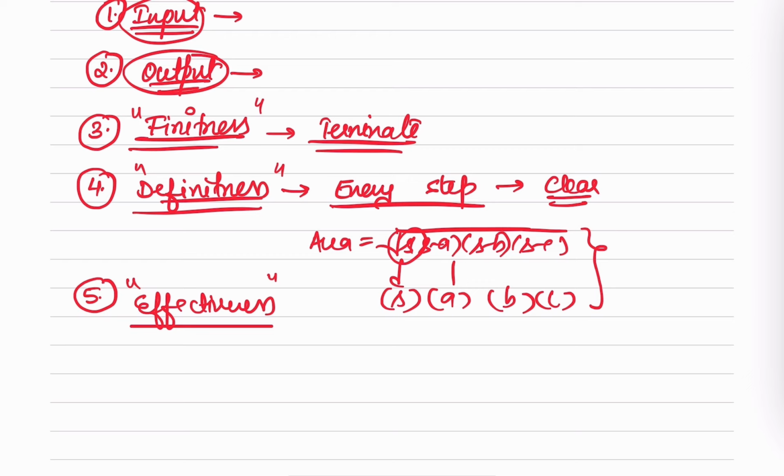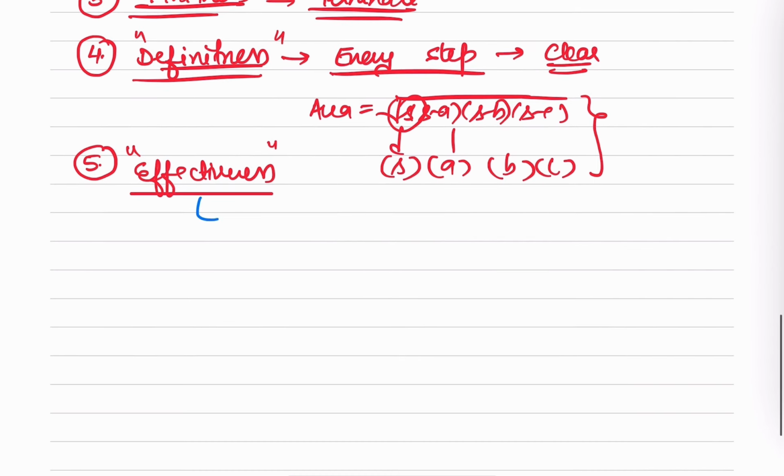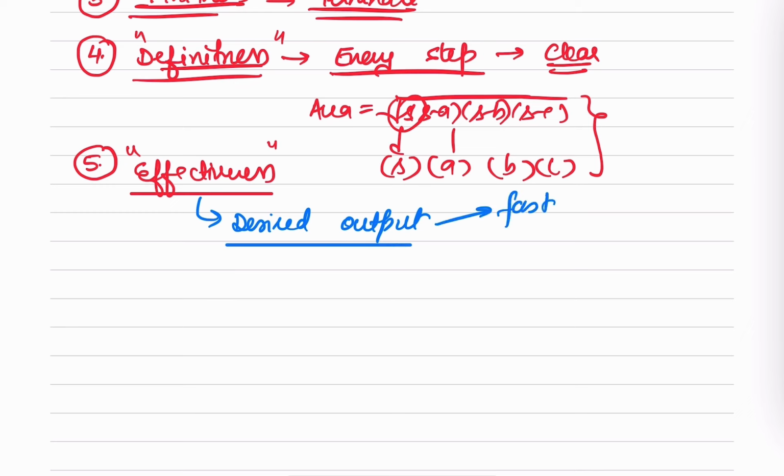So effectiveness is nothing but, whatever the desired output you are getting, how effective is that, like how fast and how efficiently you're getting it? Are you putting in a lot of effort to get the desired output, or is it very easy to get, in terms of space too? That we are going to talk about in the next video.